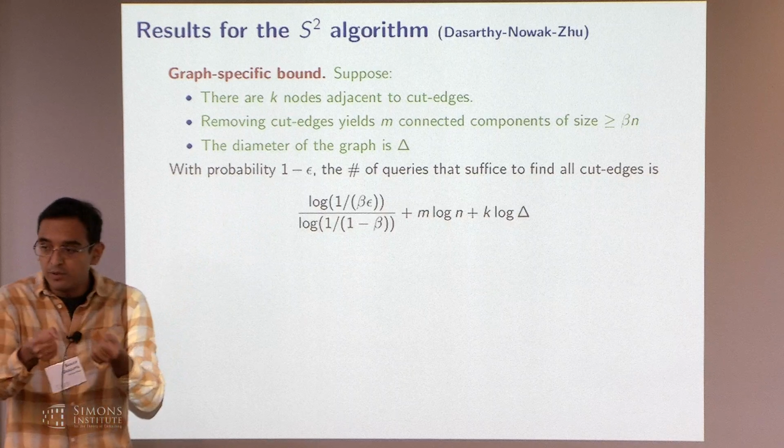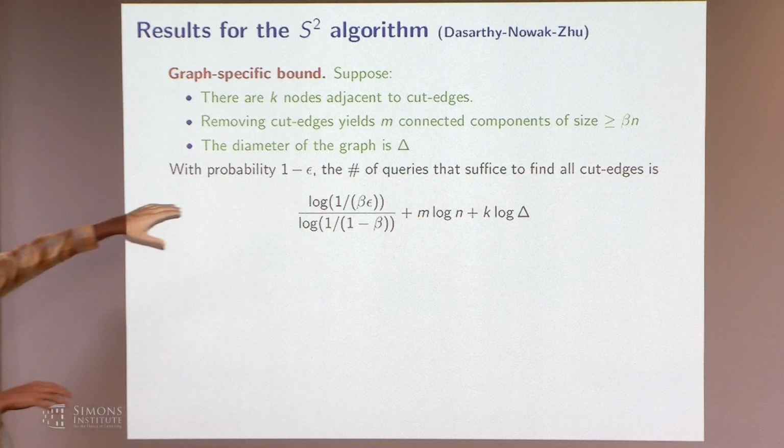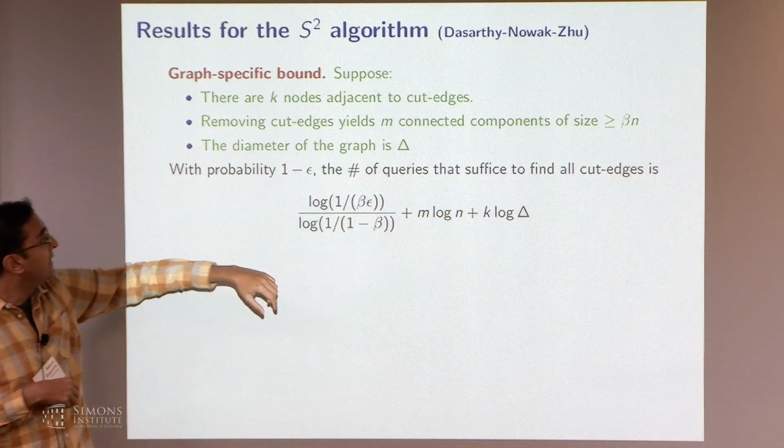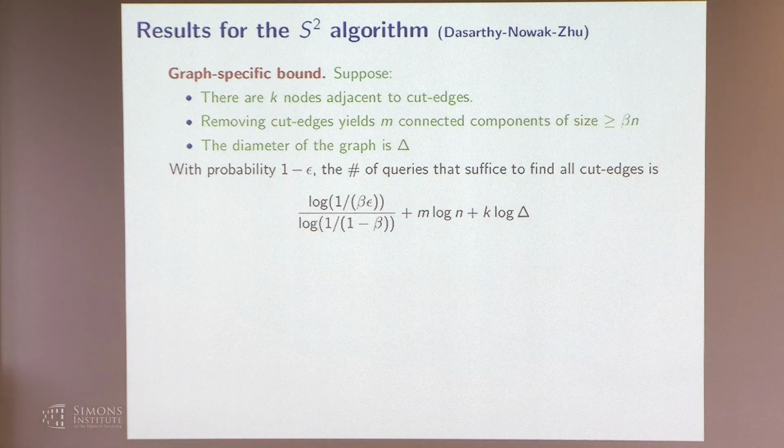And if you were to remove the cut edges, you might not get just two connected components. You could have several connected components, and so it matters how many there are. Let's say there are m connected components, and they each have size beta times n. So they each are fairly large, and the diameter of the graph is delta. Then this is the number of queries you end up making.